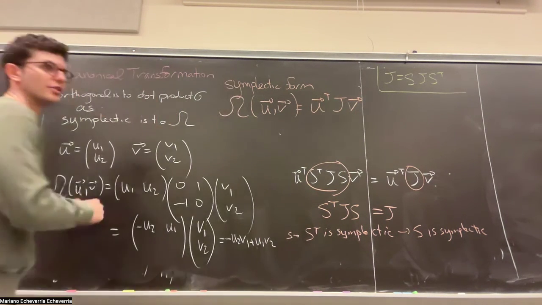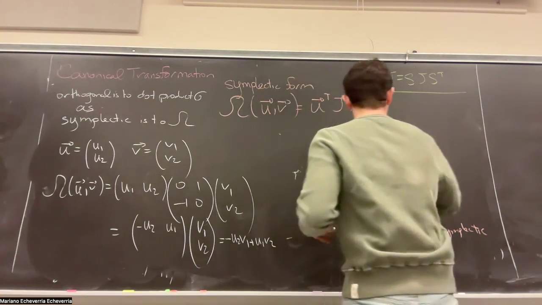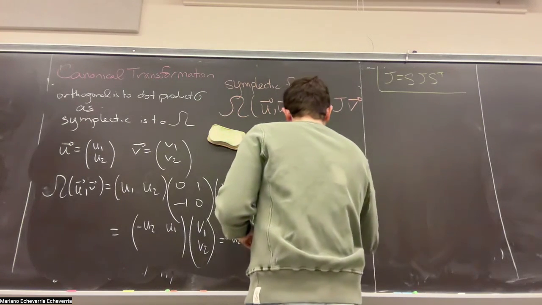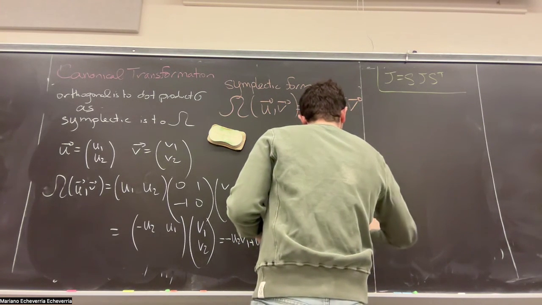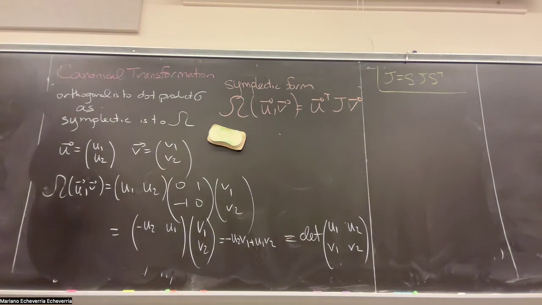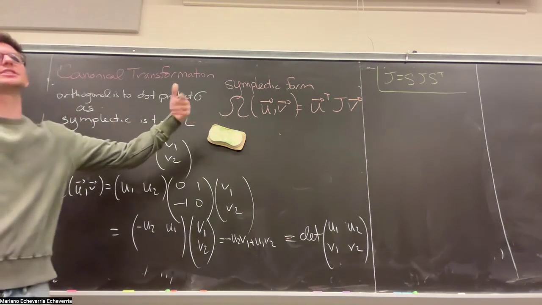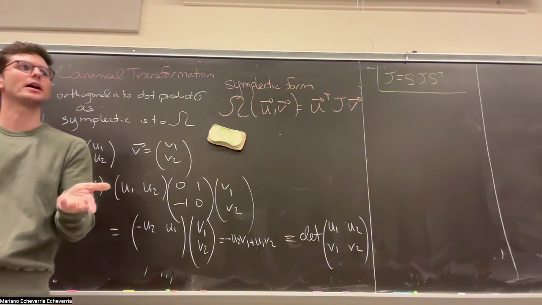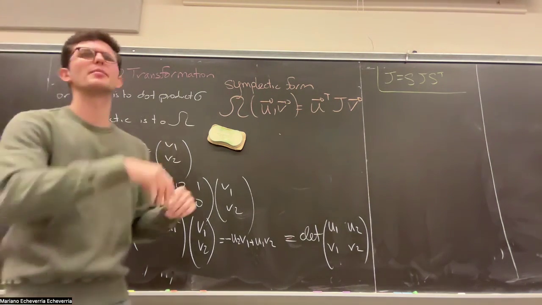And what does that give you? It gives you minus U2 V1 plus U1 V2. And what is that? That's the determinant of a 2 by 2 matrix, right? The determinant of this 2 by 2 matrix is precisely U1 V2 minus U2 V1. So omega really is just the determinant of the 2 by 2 matrix. More geometrically it is the area of the parallelogram, because if you have two vectors in R2, the determinant is the area of a parallelogram up to a sign, right?